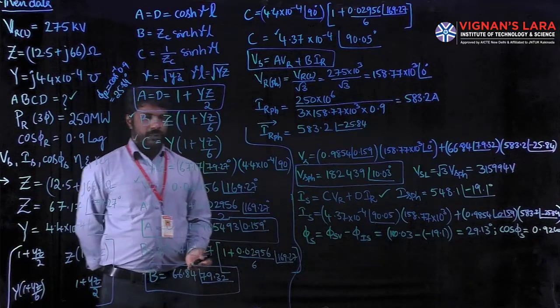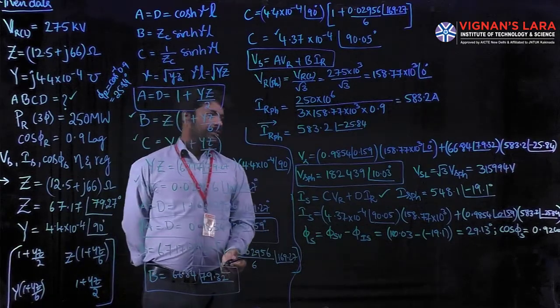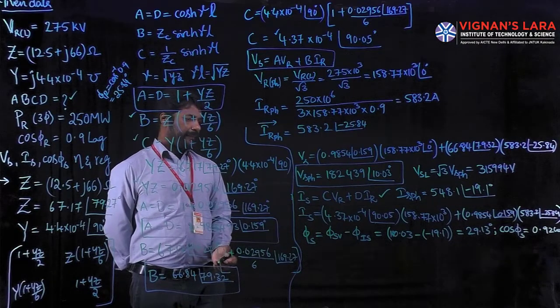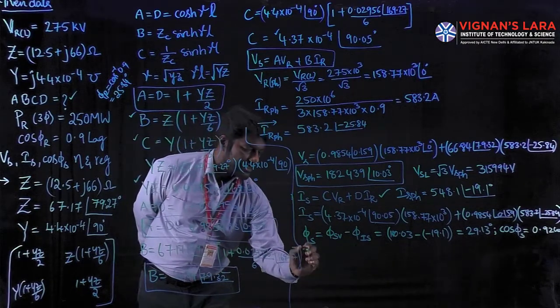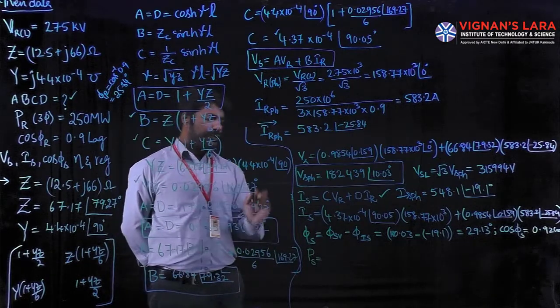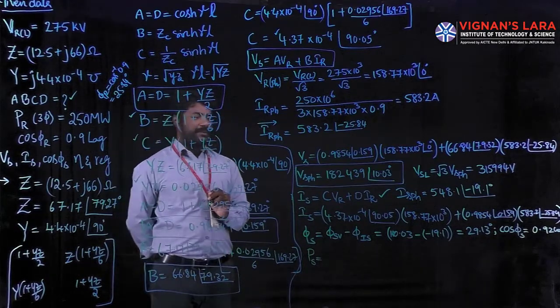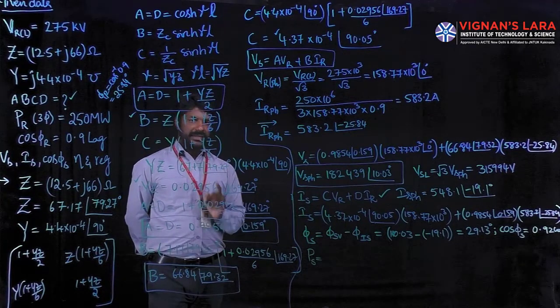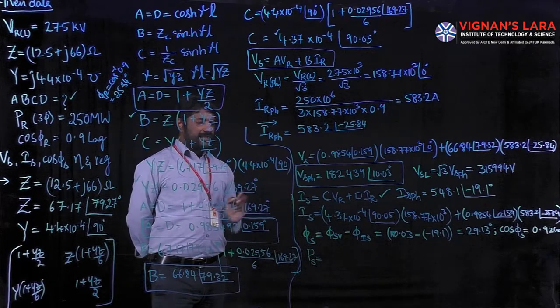Then what we have to get is the sending end side power, whose value is given as PS. The formula for PS, in two ways we can write the formula for the sending end power PS: root 3 VL IL cos phi, otherwise 3 V phase I phase cos phi.